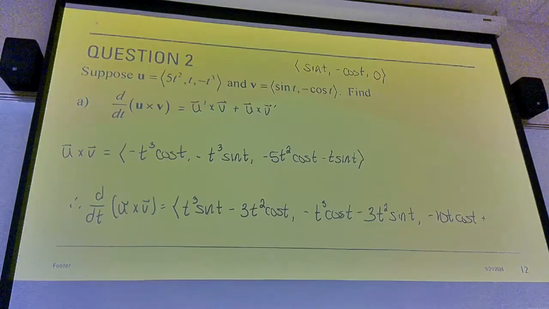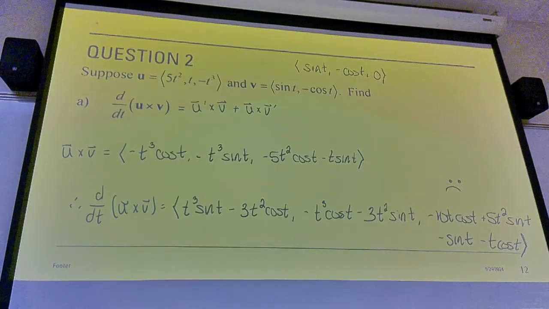So this, sine t minus sine t. Yes. Should we just move the 5t squared sine t to the front?